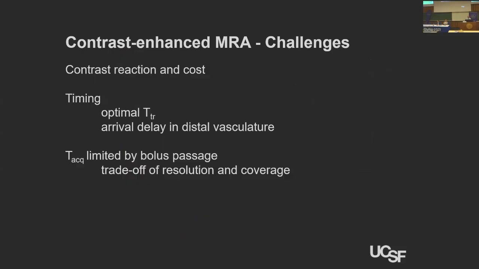This is more complicated when we're covering a large territory and the contrast agent has to travel from one arterial segment to a second arterial station. So there's not one single arrival time. And as mentioned earlier, the acquisition time is limited by the bolus passage, giving us a trade-off in terms of resolution and coverage that we have to commit to.